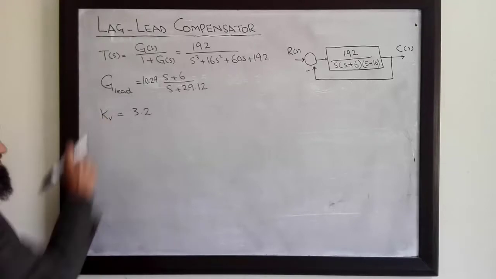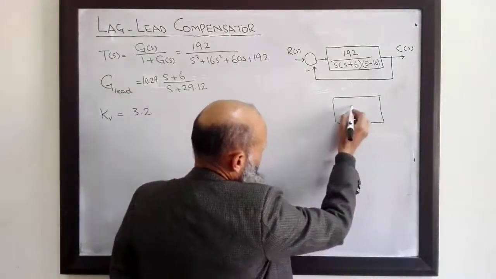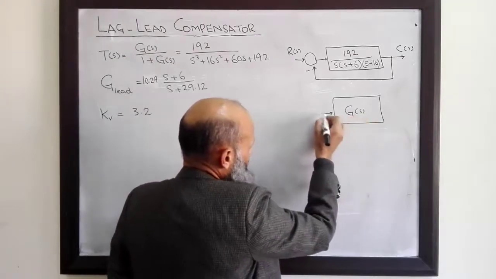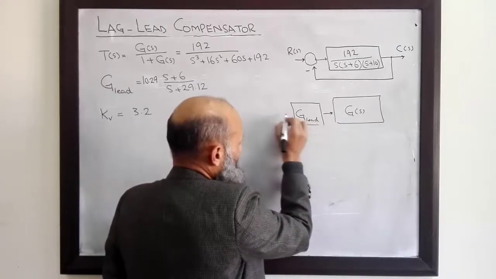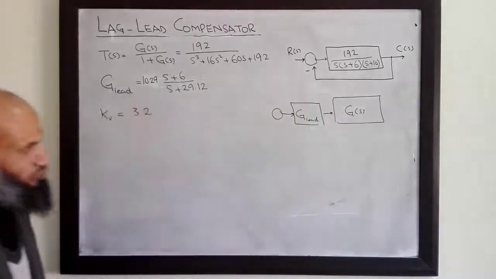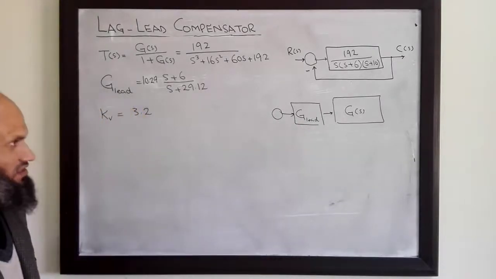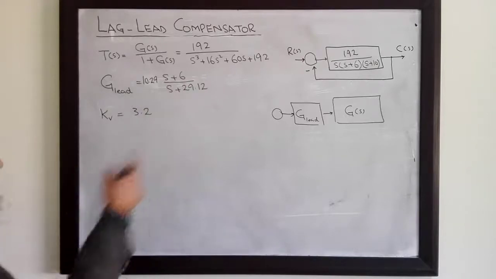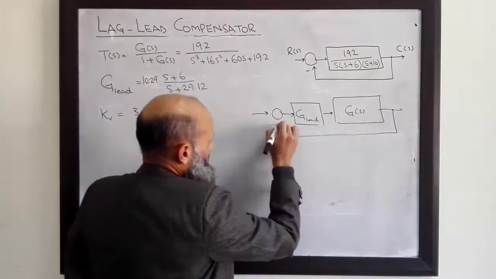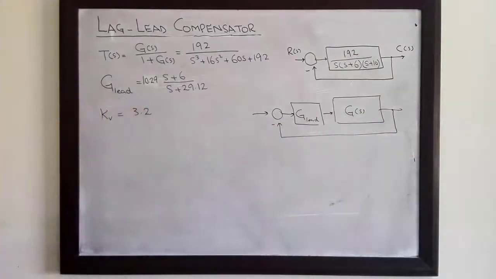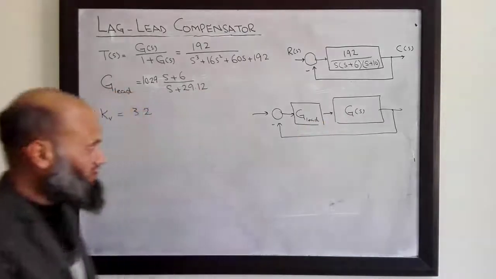Now we have augmented the lead compensator to the system, and this has not only improved the transient characteristics, but it also has an effect on the steady state requirements. So let's see what the steady state error is for this system. We are still left with the steady state characteristics.